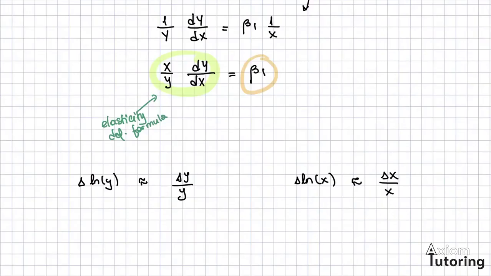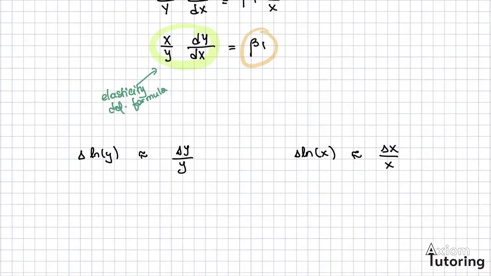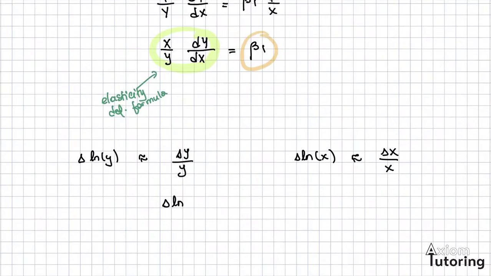So that means that if you simply have a log-log model, you can write it in terms of changes, as any changes in your ln y would be equal simply to beta 1 times the changes in your ln x. So percentage change in y equals beta 1 times percentage change in x.